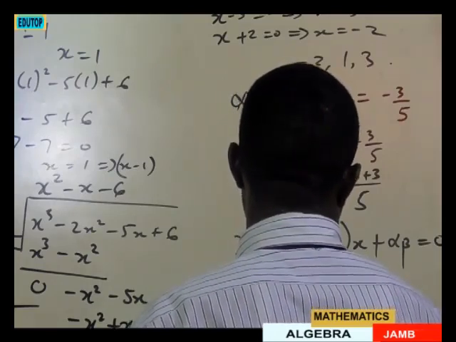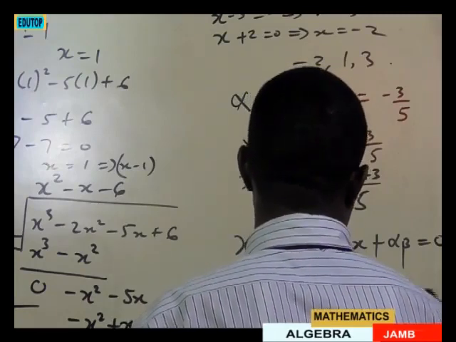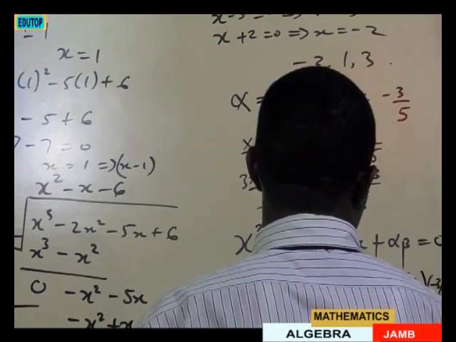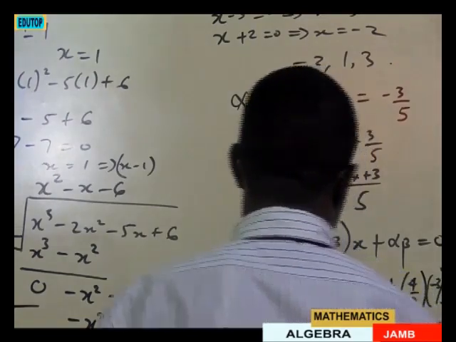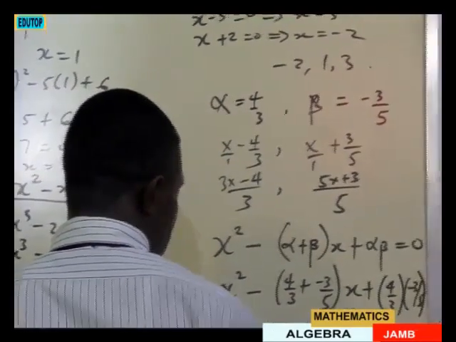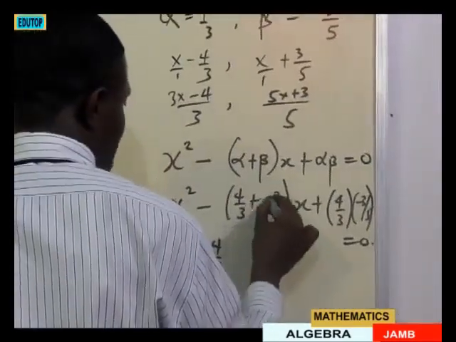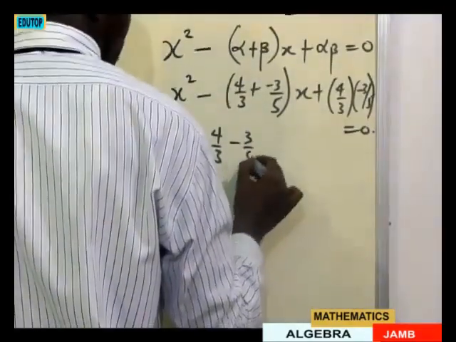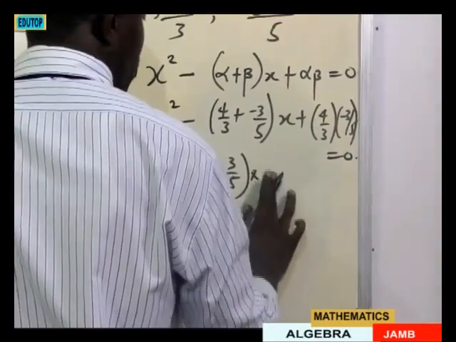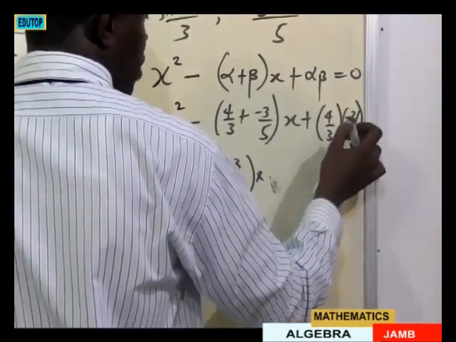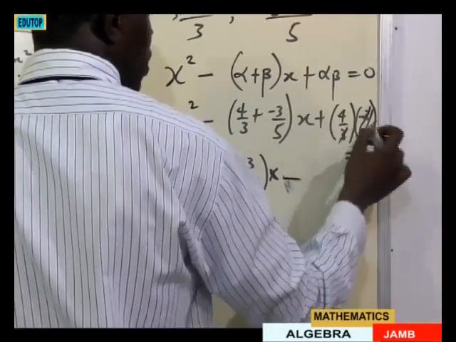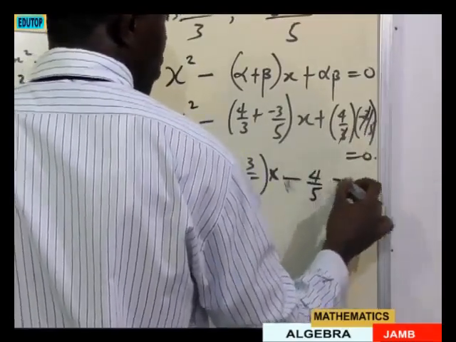Minus 3 over 5, affected by x plus 4 over 3 multiplied by minus 3 over 5 equals 0. That's our model. So here we have x squared minus 4 over 3 plus minus 3 over 5, you can put in the bracket, affected by x plus. This is minus times this, minus 3 can cancel 3, and I have 4 over 5 equals 0.